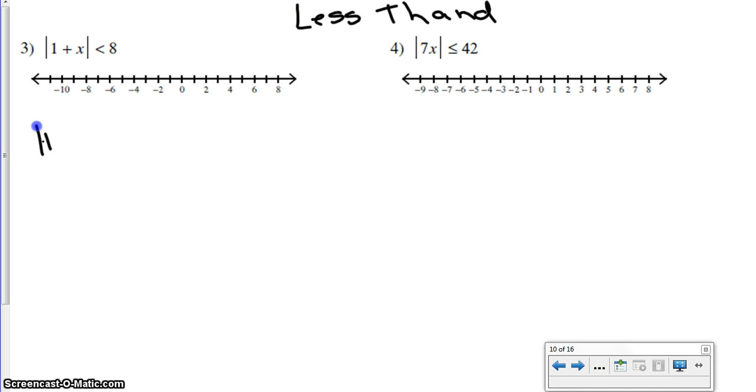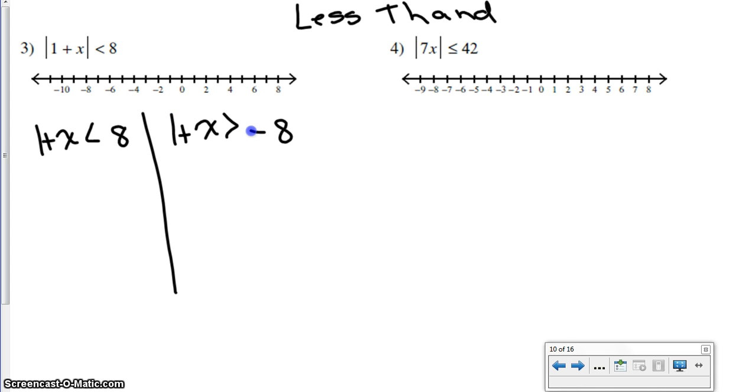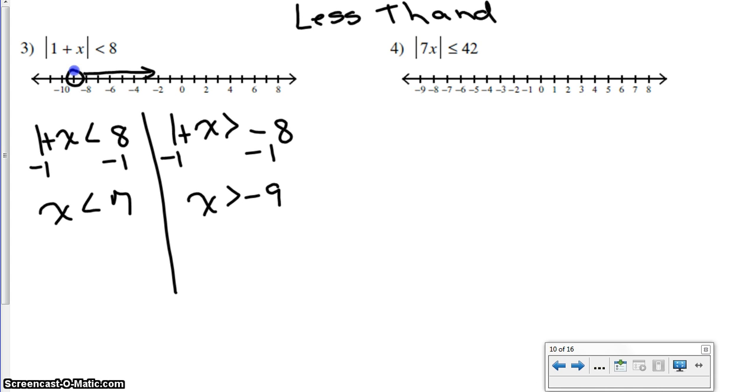Well, 1 plus x is less than 8. 1 plus x greater than negative 8. Subtract 1, subtract 1. X is less than 7. Subtract 1, subtract 1. X is greater than negative 9. Greater than negative 9 heads this way.